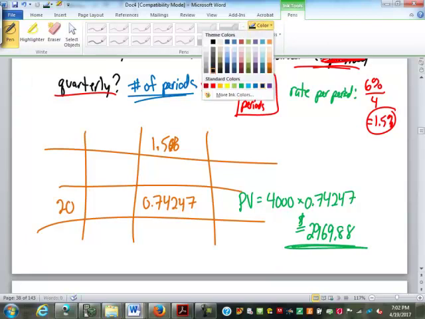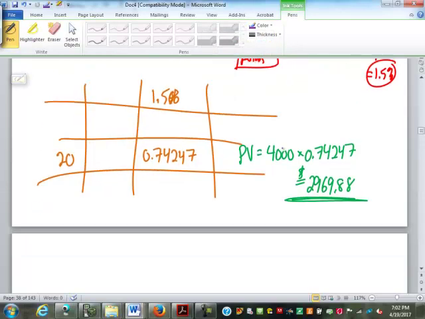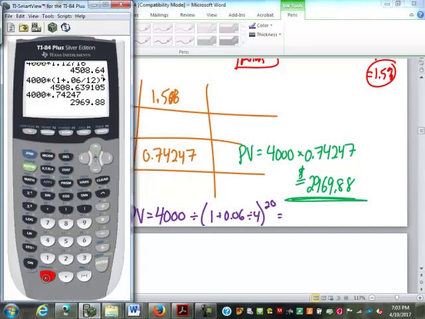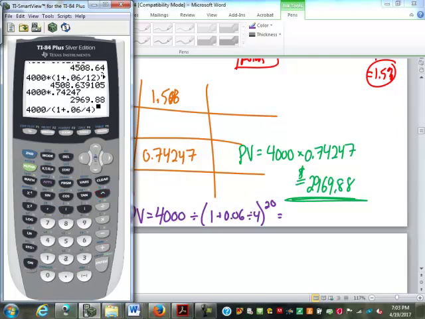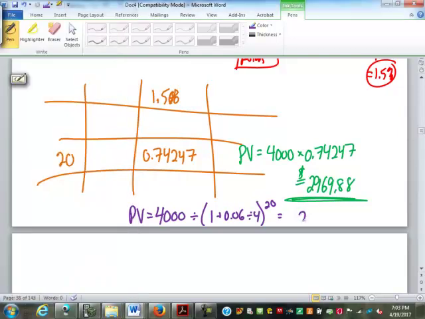Now, just for fun, let's check that against the formula and see what the formula would have come up with. Present value is our future value of 4,000. Since it's the formula, we're going to divide by 1 plus 0.06 divided by 4, to the power of 20. That gives $2,969.88.